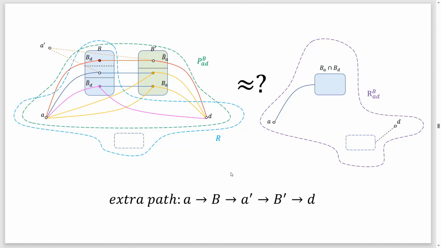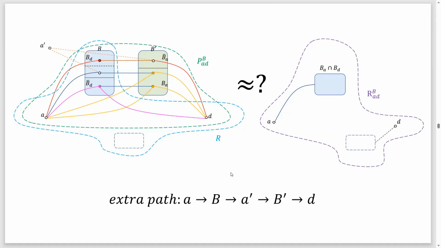However, there may be some A prime that is first linked to the white one in BA cap BD, but also linked to some other one in the set BA bar in the part B prime. So there may also be an extra path we do not want to have, that is from A to the set B and then to the node A prime, and then goes to the part B prime and finally to D. So this is not totally RBAD.